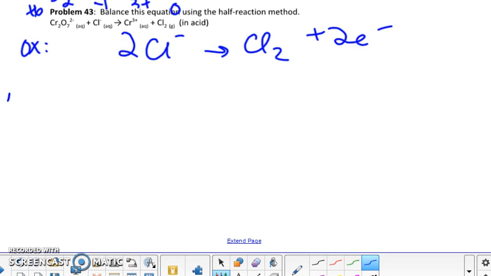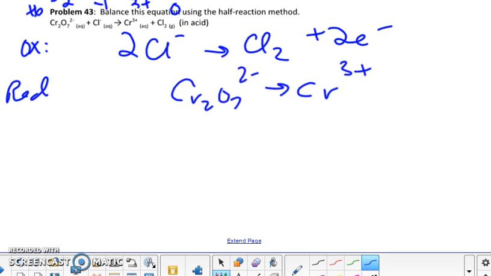Okay, so what about reduction? What went down? It looks like chromium went down, from +6 to +3. So let me write that down. Here's Cr2O7 2- going to chromium 3+. Are my chromiums balanced? The answer is no. I have 2 on the reactant side, 1 on the product side, so I'll put a 2 here.